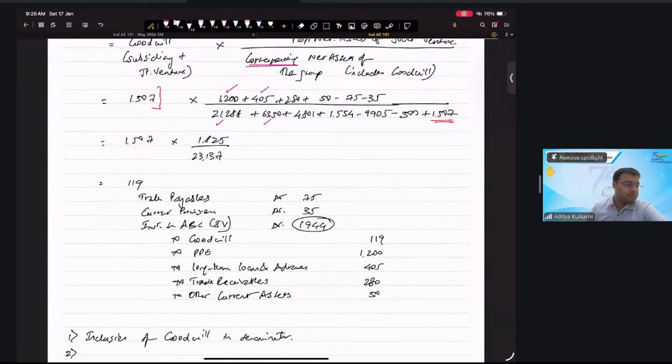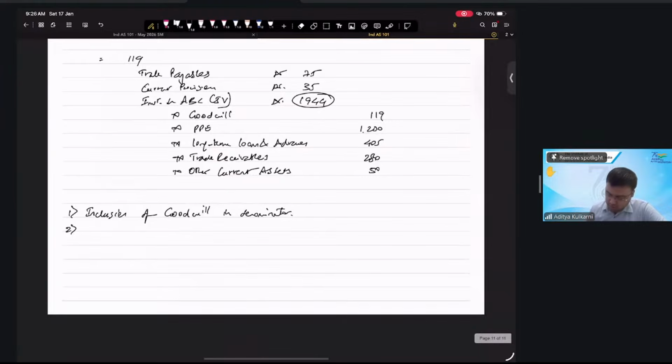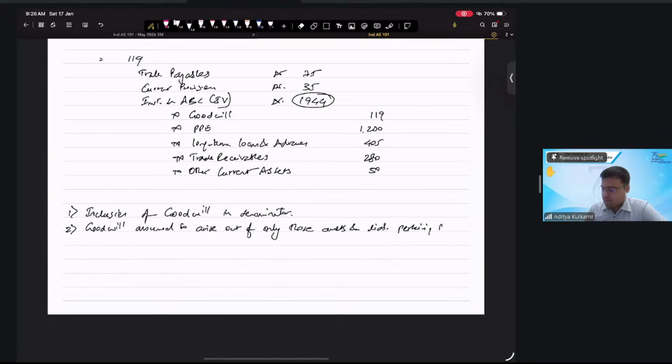So goodwill is assumed to arise out of only those assets and liabilities pertaining to the joint venture.